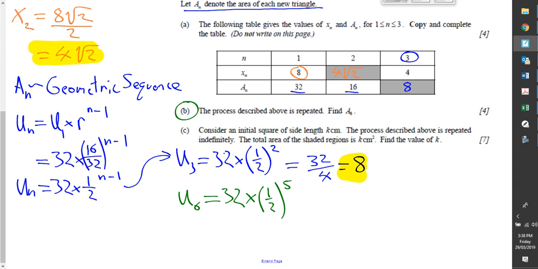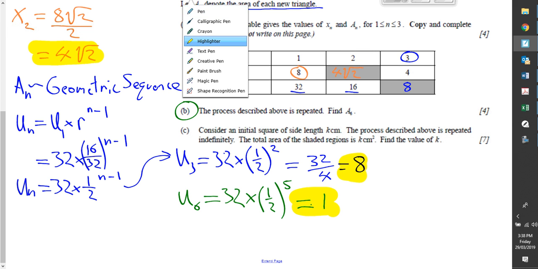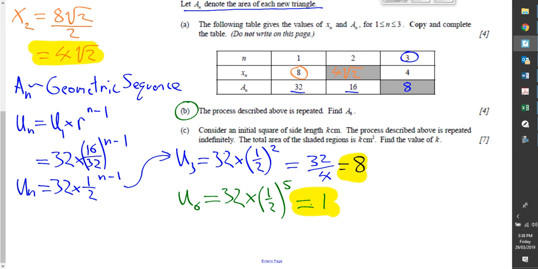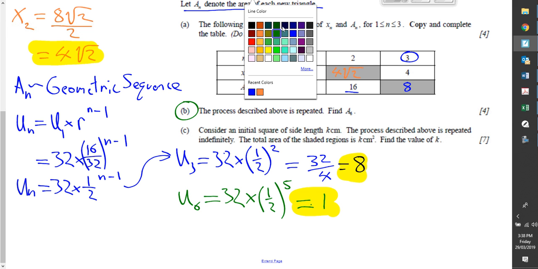And that will give us a half to the power of 5, which is 1 over 32. So if we multiply that out, we'll end up with 1. So part B was nice and easy because we already had the general term, and the answer to part B is 1.